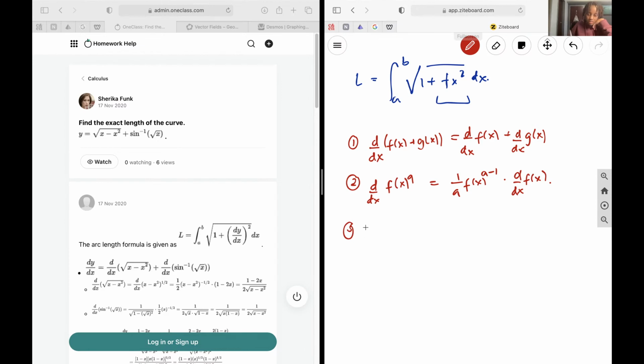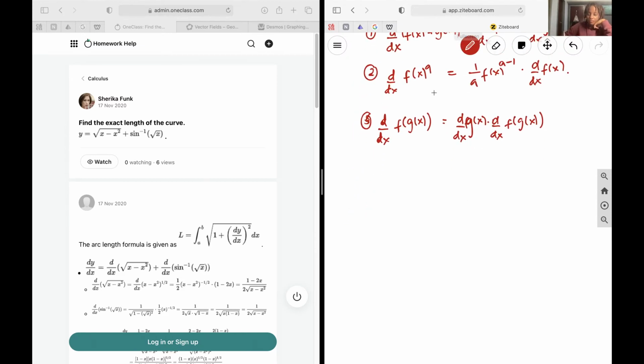And lastly, this is where this rule stems from, the derivative of f of g of x will be the derivative of f of g of x multiplied by the derivative of g of x. Sorry, this is supposed to be g of x here. And that's going to be it.